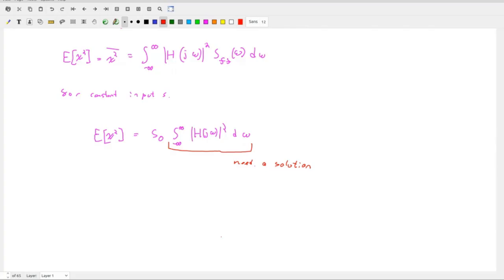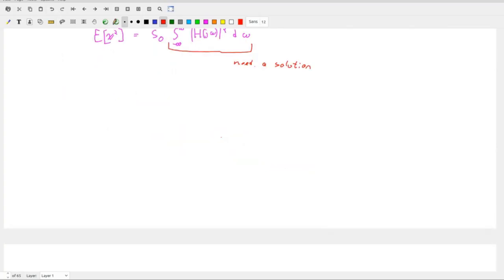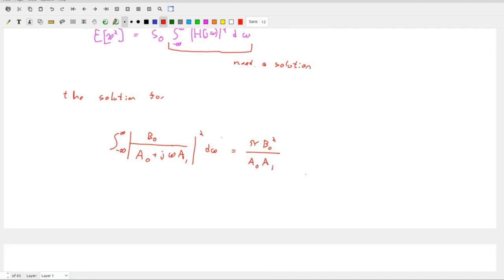So for example, given the solution, we'll leave it in red, the solution for the integral from negative infinity to infinity of the absolute value of b naught over a naught plus jω a1, squared, dω is equal to pi b naught squared over a naught a1.